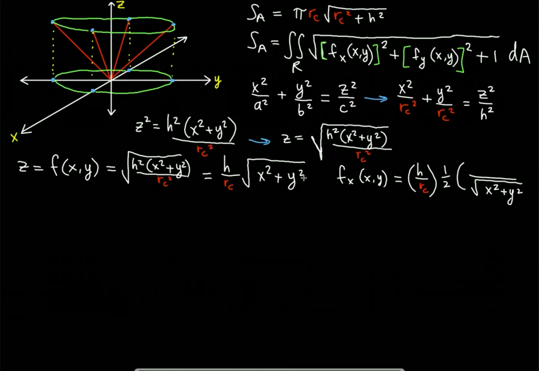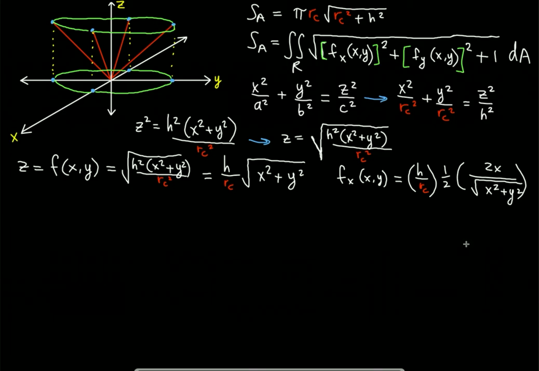And on the top, of course, you're going to have the chain rule at play because you're going to just differentiate both of these, but you know this is treated as a constant because you're differentiating with respect to x. So the partial derivative of y squared with respect to x is just 0. So you're just differentiating this, and you're going to get 2x, right, using the power rule. So 2x goes on the top, and that's it.